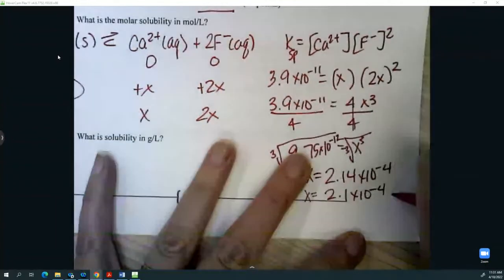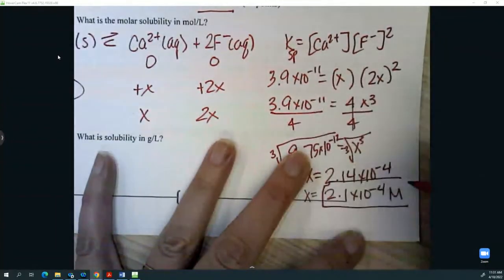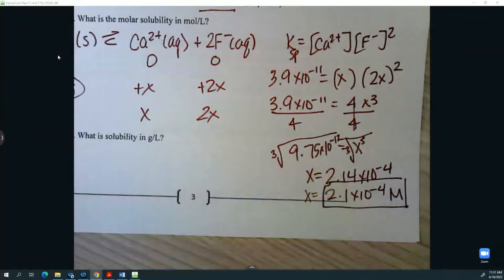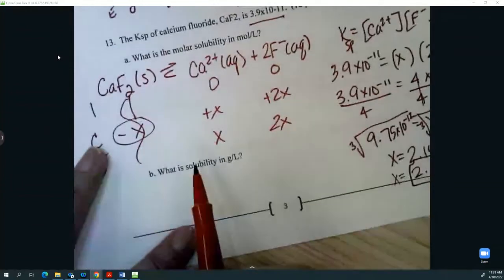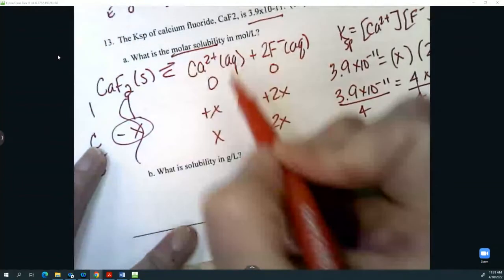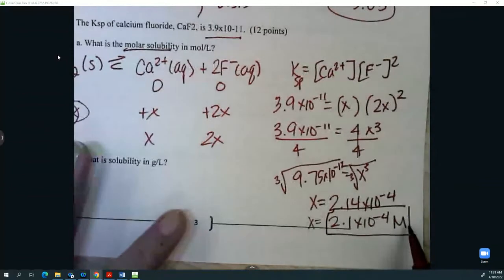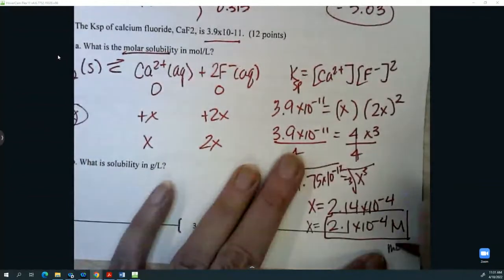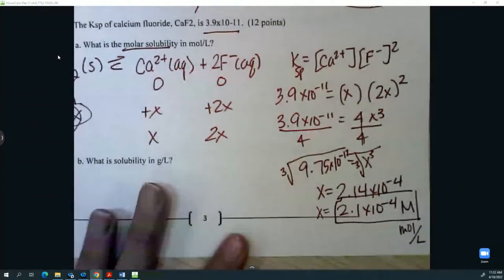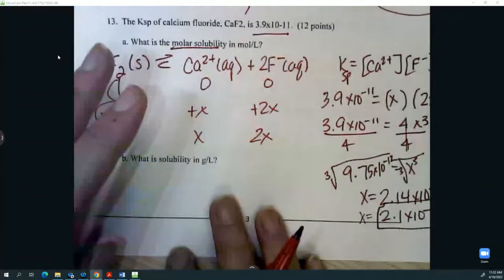So whatever my answer here is, that's the answer for part A. That's molar solubility, moles per liter. I put big M, which is the same. You could write it as moles per liter, that's fine, either way.